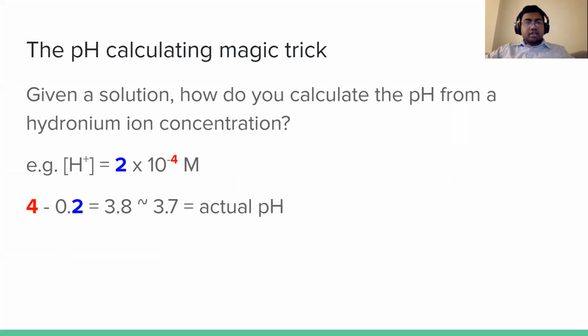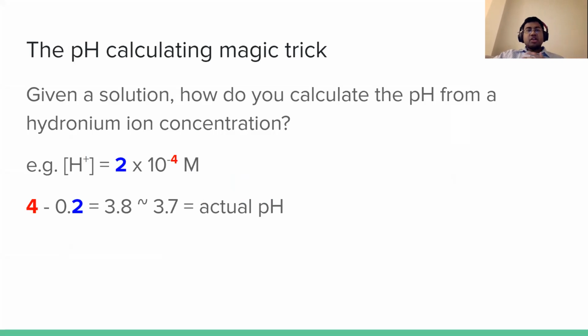Okay, so this is a magic trick that I found on Reddit of how to quickly calculate pH from a hydronium ion concentration, because calculators aren't allowed. Let's say we're given a hydronium ion or proton concentration of 2 × 10⁻⁴ molar.